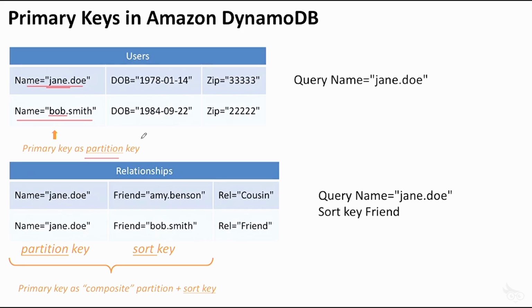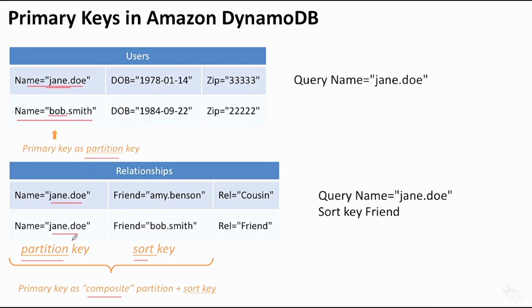Now, another option that we have is when we create tables, we could create what we might call a composite key, where the primary key is comprised of both the partition key and a sort key. So you'll notice here that while Jane Doe is not unique across the partition key, the combination of Jane Doe and Amy Benson is different, is unique, apart from Jane Doe and Bob Smith.